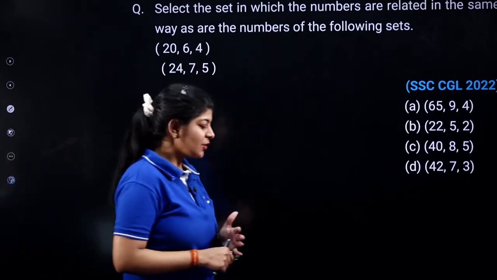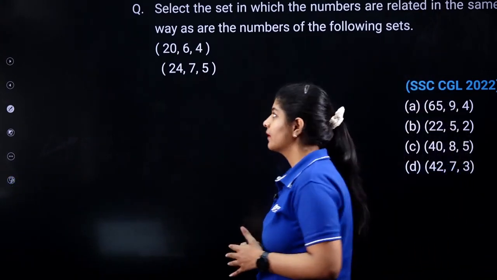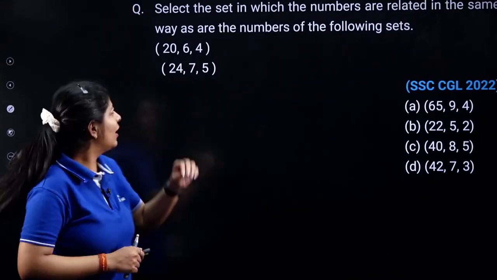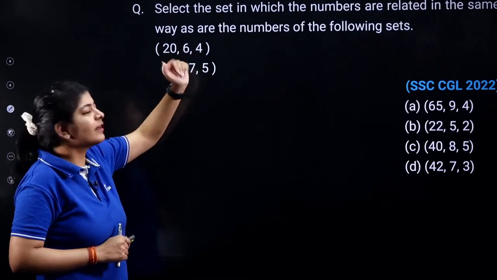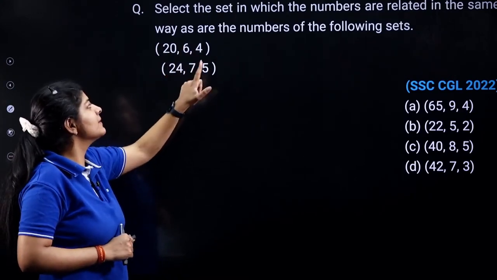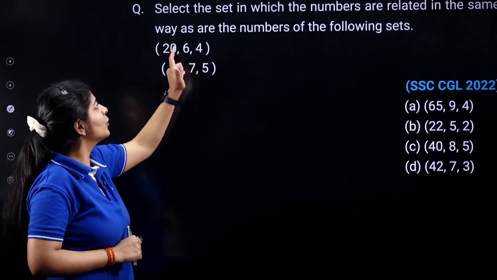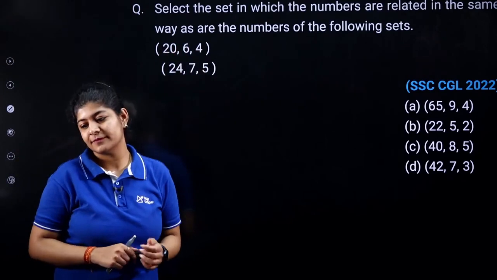Anyone in the comment section, what is the pattern over here? Just simply focus on the numbers. How are we getting 20 with the help of 6 and 4, and how are we getting 24 from 7 or 5? Or maybe how are we getting 4 from 26, or 6 from 24?